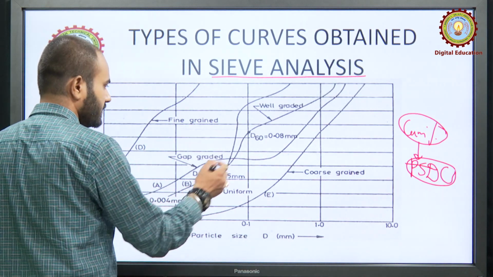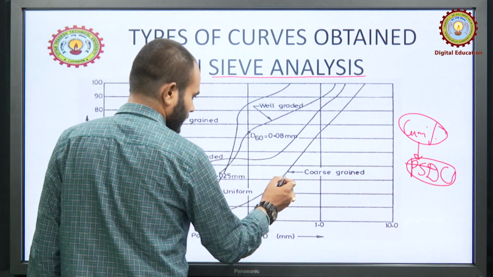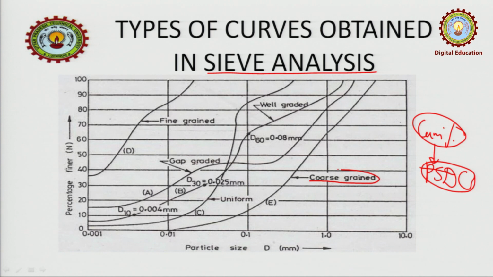First of all, this is a coarse grained soil, as you can see written here. This is a fine grained soil. These are differentiated just by the particle size.